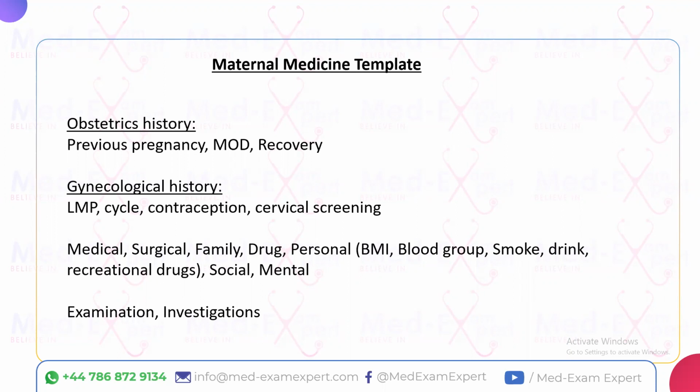Or if you want to make it concise, you can even ask, are there any social habits or personal habits that might affect your health? So that can cover all of these as well. Okay. And then social history and mental history. How are things at home? What do you do for a living? How have you been feeling lately?